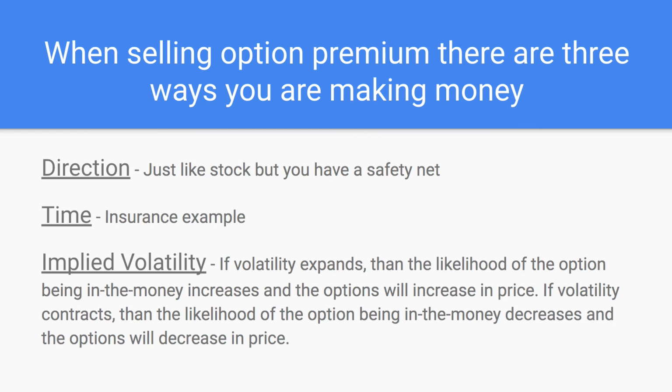The main point of these statements is that unlike stock, you do not have to be able to time the market and basically predict where a stock is going to go next. There's actually a better way of making money on the stock market that gives you a lot more freedom and a lot more flexibility to being profitable.